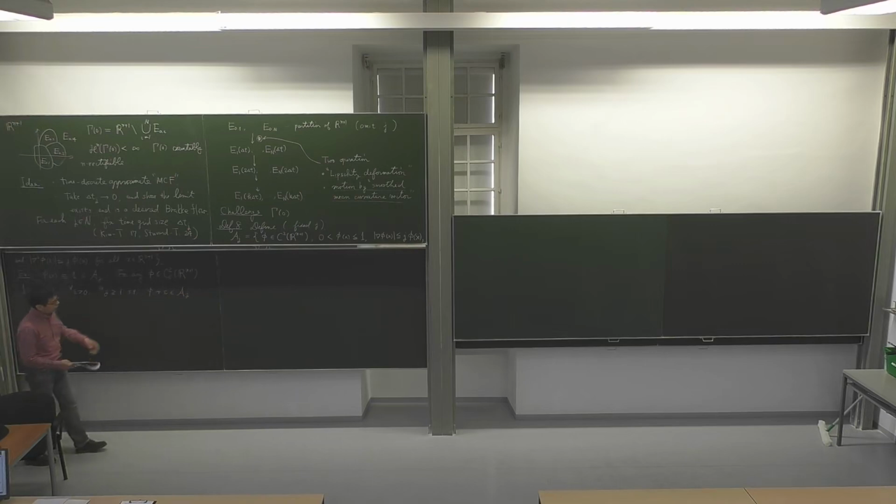Whenever you have some C2 compactly supported function, if you just lift it a little bit, and J is very large, then you can make it belong to this A_J, because it's very easy. Now I'm assuming epsilon is very small, so that this is less than or equal to 1.